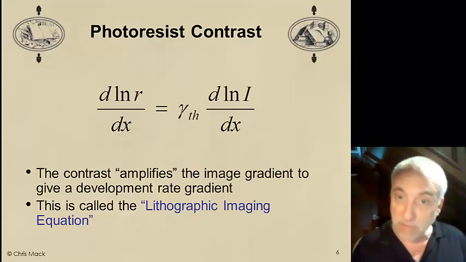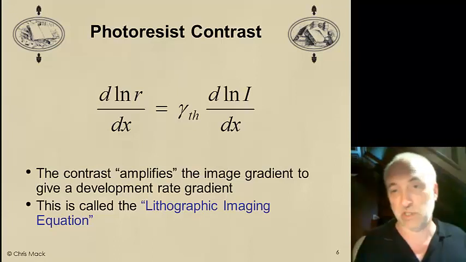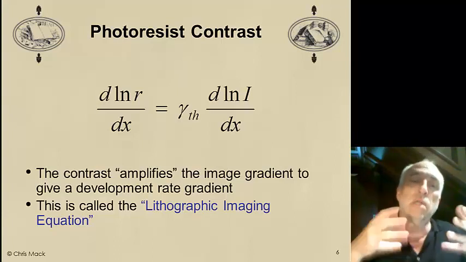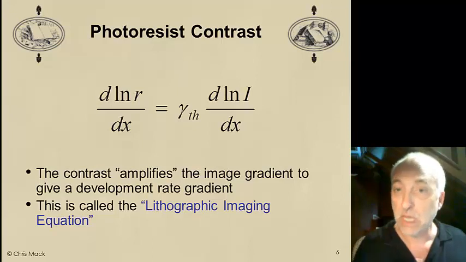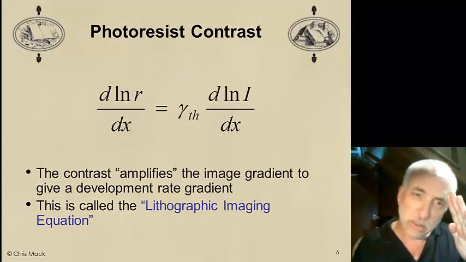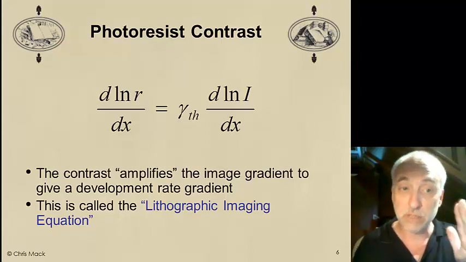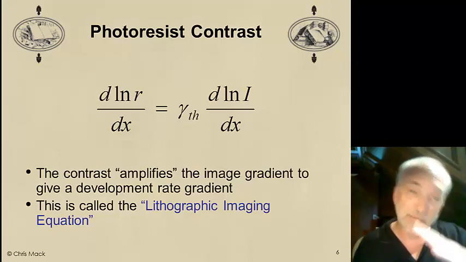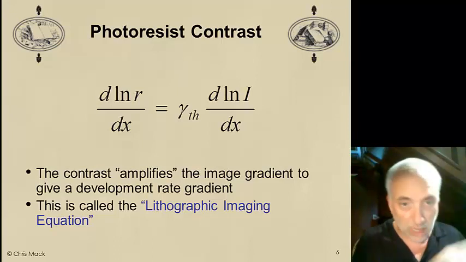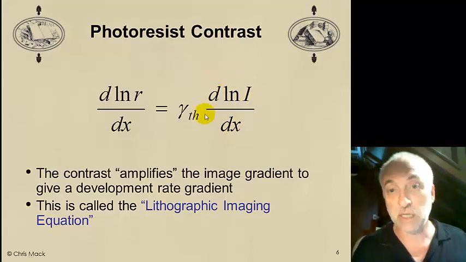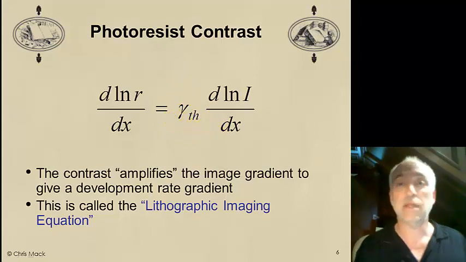The intensity of light varies with position x because we're exposing with an image, an aerial image that propagates into the photoresist. d log I dx is the slope on a logarithmic scale of the aerial image intensity. And if I have a steep aerial image intensity, I get a steep development rate gradient. How steep? Well, whatever this gradient is, amplified by, multiplied by the theoretical contrast.